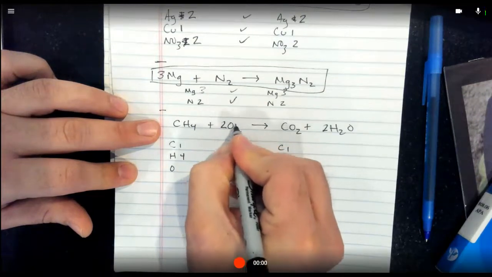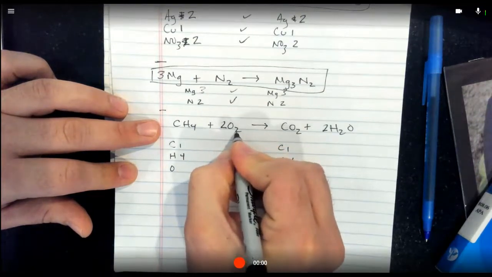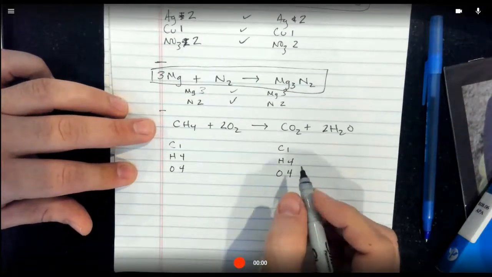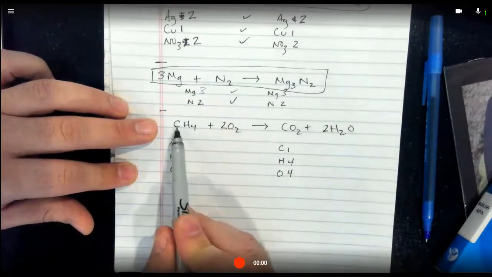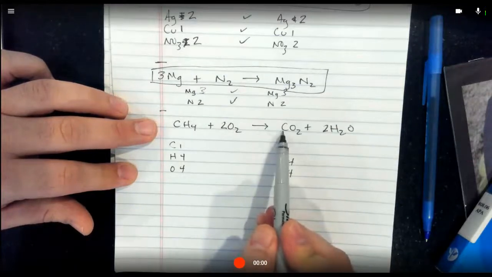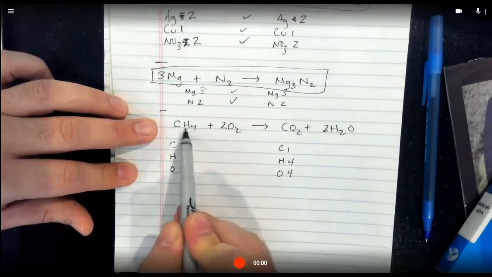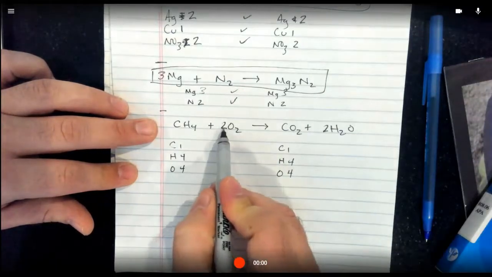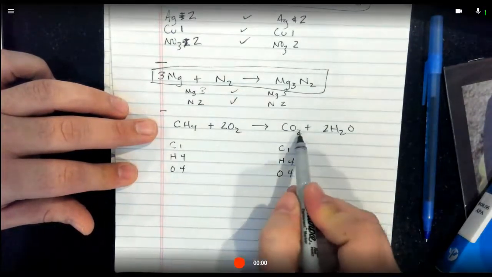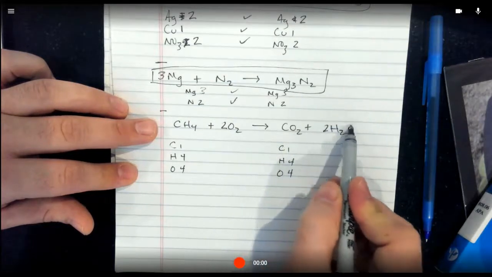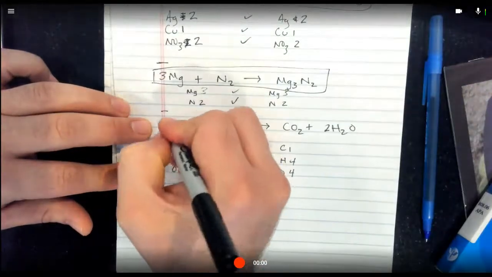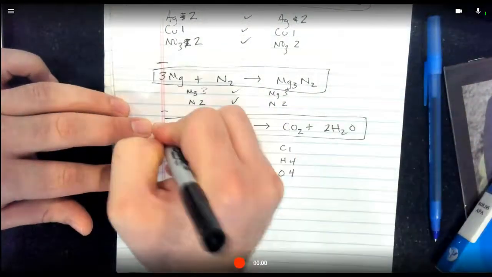Now that 2 distributes to the oxygen, and we have 4 oxygen atoms on the left side. So just to double check, we have 1 carbon, 1 carbon. We have 4 hydrogens, 4 hydrogens. And we have 4 oxygens on the left and 2 plus 2, 4 oxygens on the right-hand side. So that would be our balanced chemical equation.